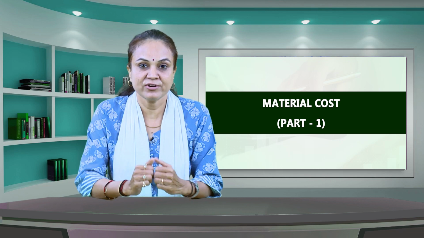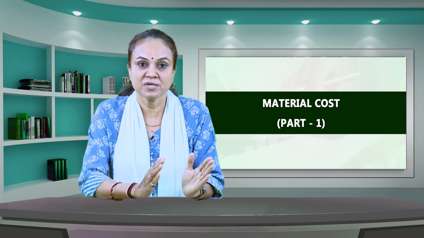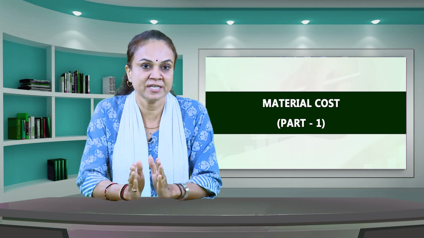In that, we have discussed meaning of storage, meaning of store, objectives of storage, functions of stores department. Number 7, material issue procedure. In that, we discussed documents used for issue of materials and their structure, transfer of surplus of materials.